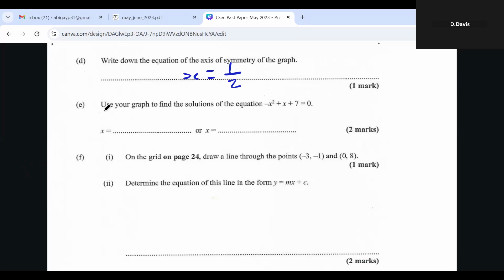Use your graph to find the solution of the equation negative x squared plus x plus 7 equals 0. Oh, okay. So basically they're trying to tell you to find two x values. So we're going back here.